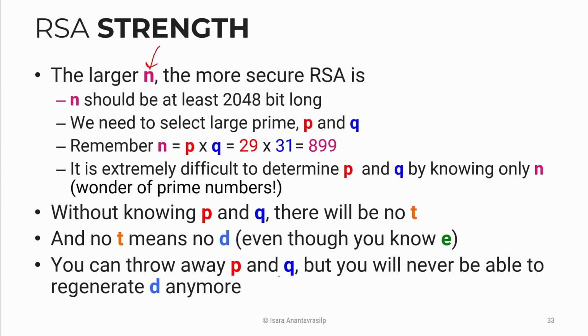But once you throw them away, you cannot regenerate T and D back. That's up to you. If you want to be super secure, you can just throw this away and forget about that. But if you do that, you cannot regenerate your private key back, and that could be risky as well.